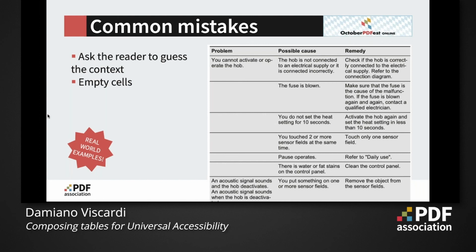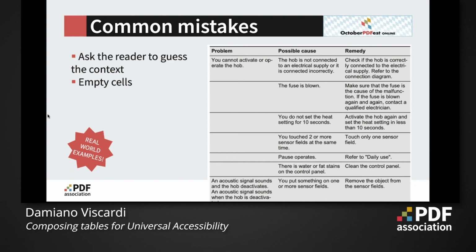So I have to guess that the first column is the column of the problems, and the problem is probably the problem that is described in the first row, but I'm not there. I'm guessing it. I'm not sure.